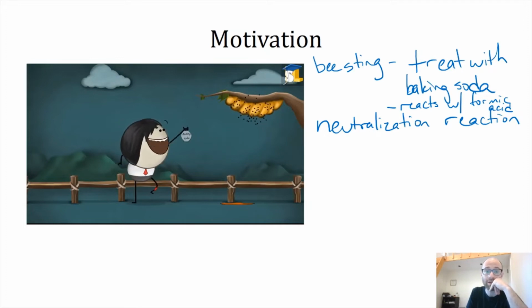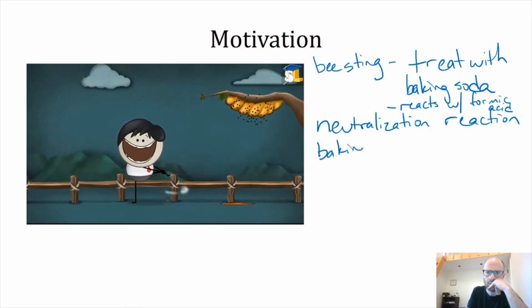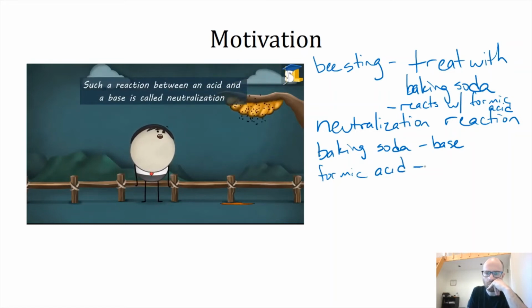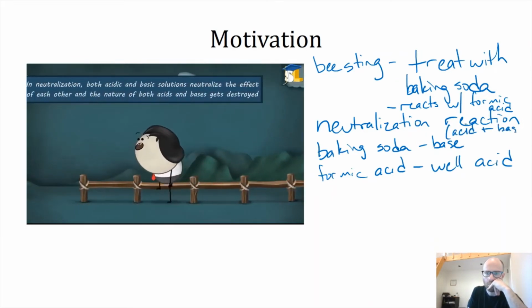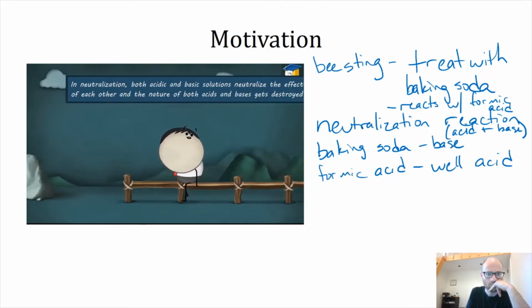However, when we apply baking soda solution, which is a mild base, on the stung area, it neutralizes the formic acid and cancels its effect. As a result, the sensation of pain and irritation decreases and we get some relief. Such a reaction between an acid and a base is called neutralization. In neutralization, both acidic and basic solutions neutralize the effect of each other, and the nature of both acids and bases gets destroyed.